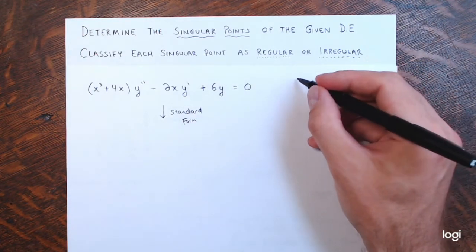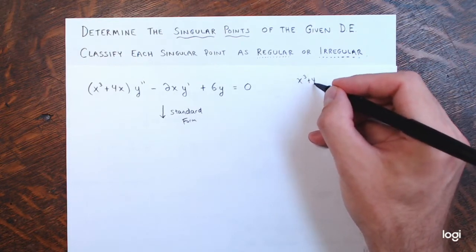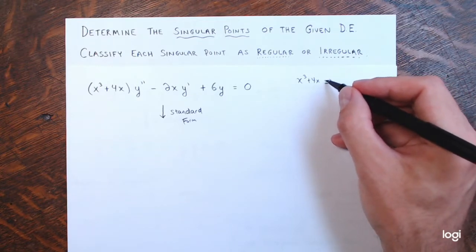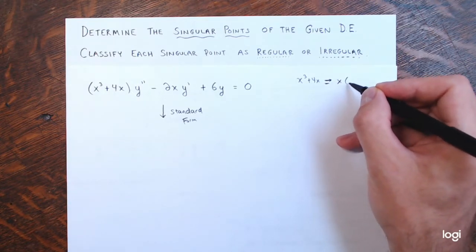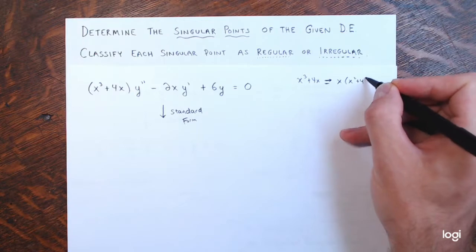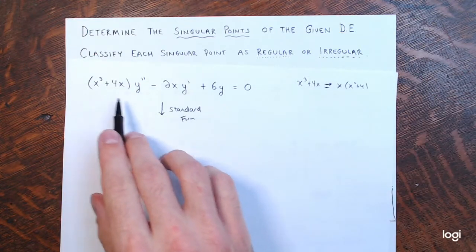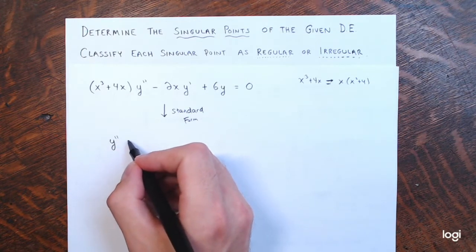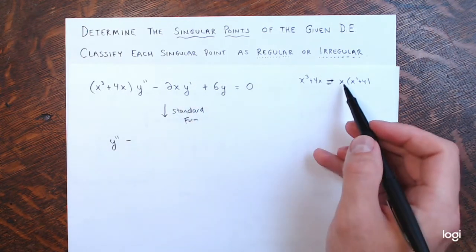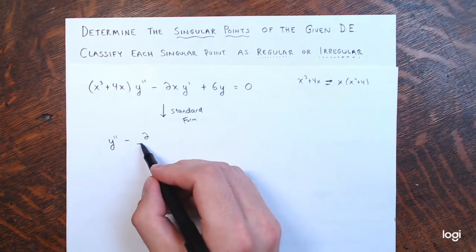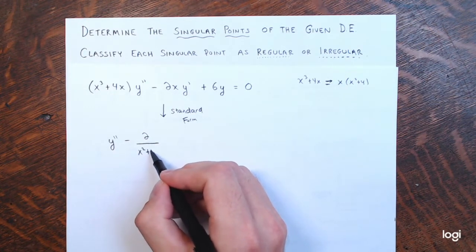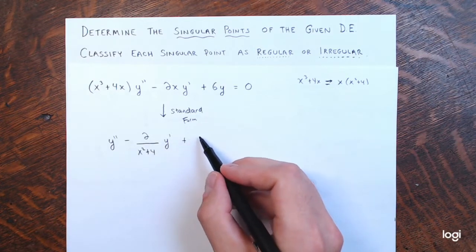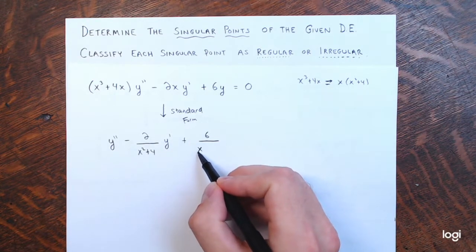Now x cubed plus 4x, when you factor it, is x times x squared plus 4. So if I divide through by this, we have y double prime minus, and then the x would cancel. You have 2 over x squared plus 4 times y prime plus, and then 6 over x times x squared plus 4 times y.